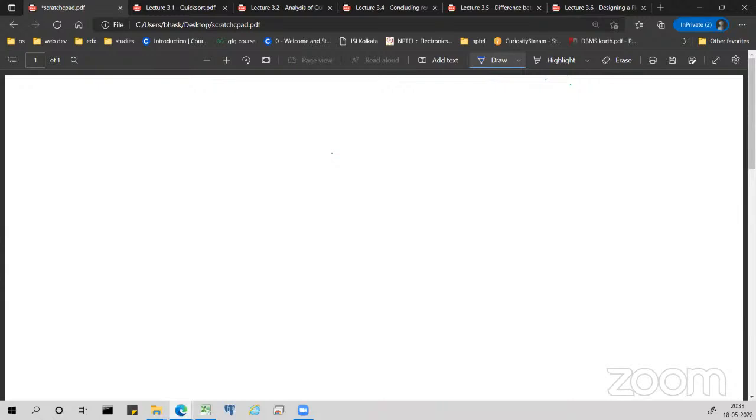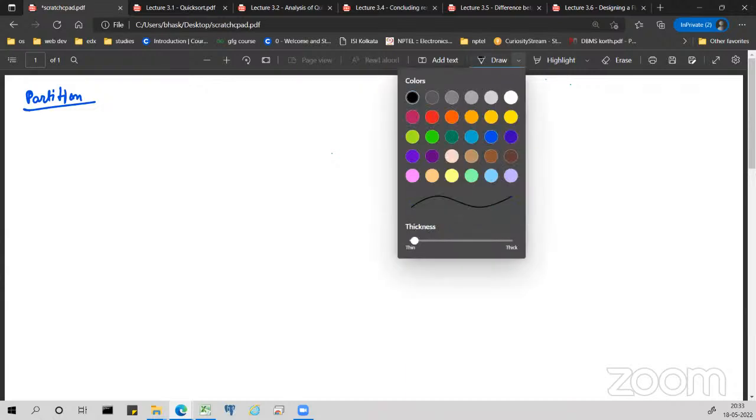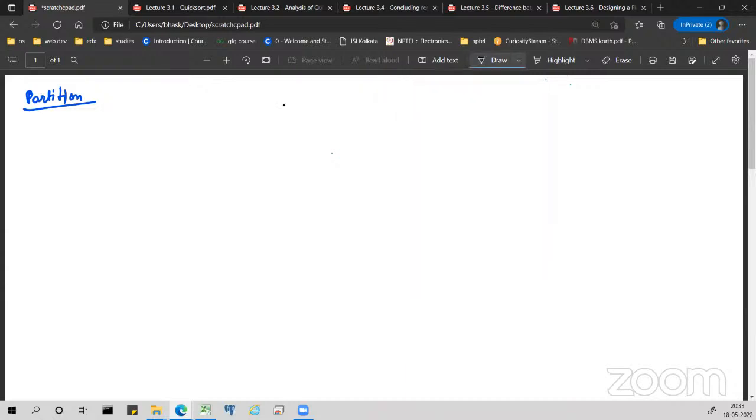Okay, fine. So this is the partition algorithm of quick sort. Partition says, okay, I would give you a skeletal structure of how quicksort works.